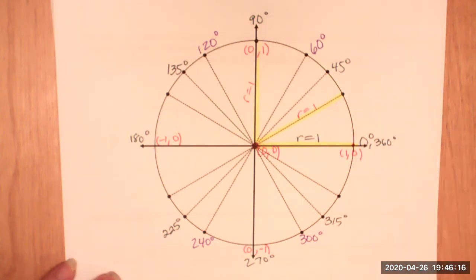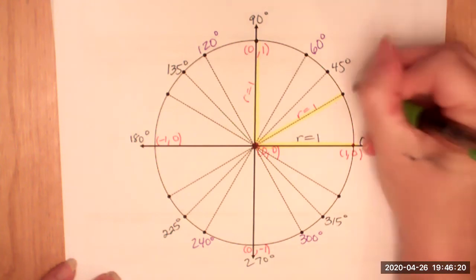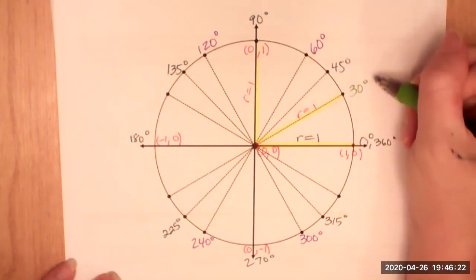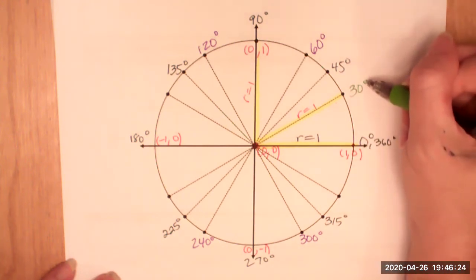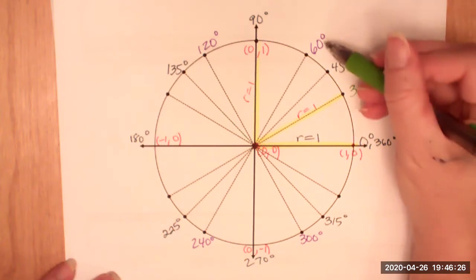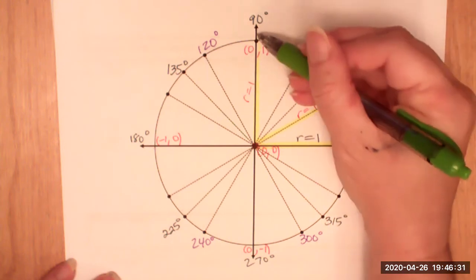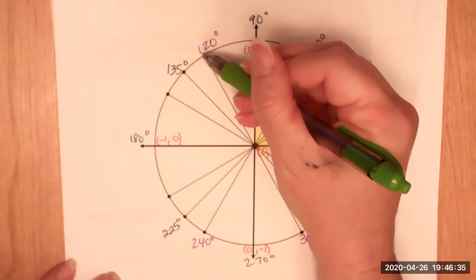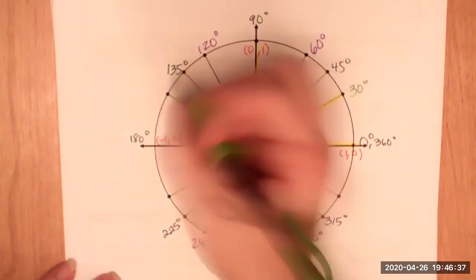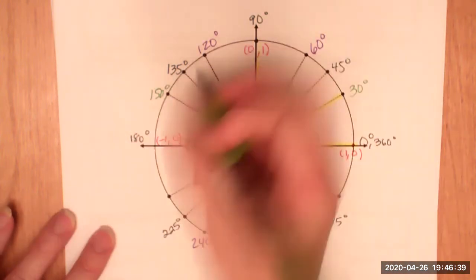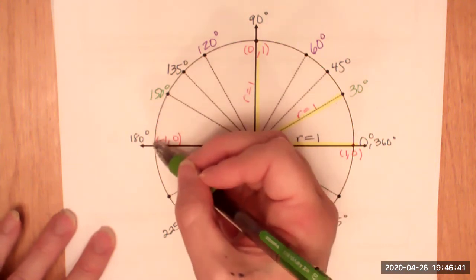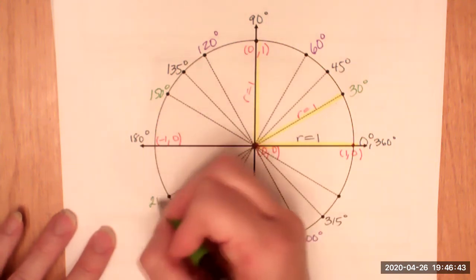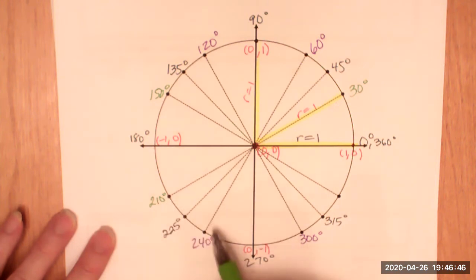Now let's add in multiples of 30 degrees. So we've got 30 degrees. We'll add in another 30 degrees. We'll be at 60. 60 and 30 make 90. 90 and 30, 120. 120 and 30, 150. 150 and 30, 180. 180 and 30, 210. 210 and 30, 240.